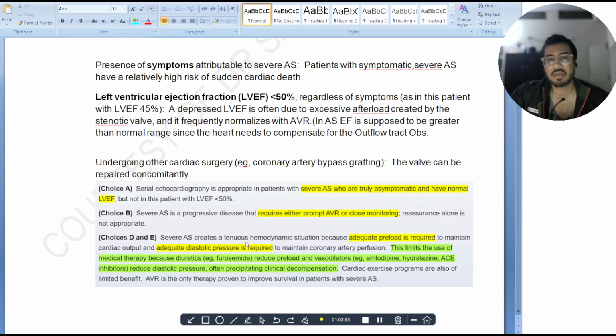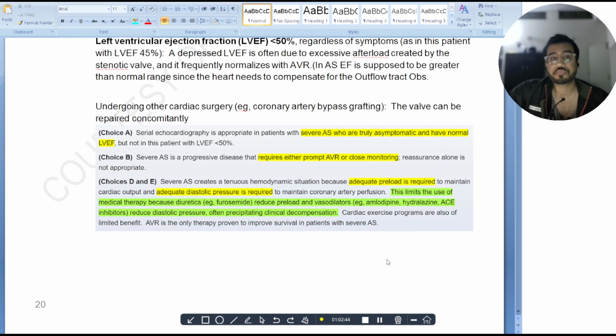Severe AS creates a tenuous hemodynamic situation because adequate preload is required to maintain cardiac output and adequate diastolic pressure is required. So you cannot use diuretics, because when you use diuretics, they're going to reduce the preload. Already there's a lot of resistance when it comes to the heart meeting the requirements of the body.